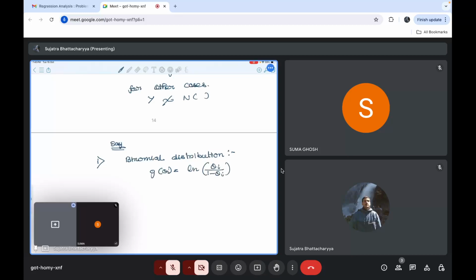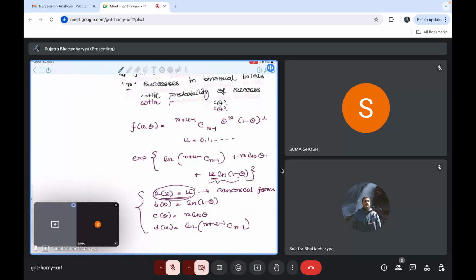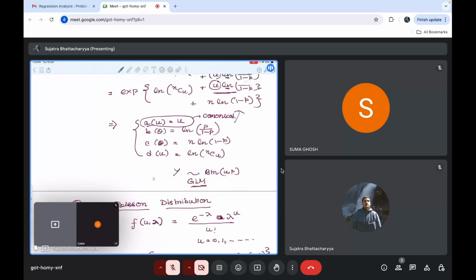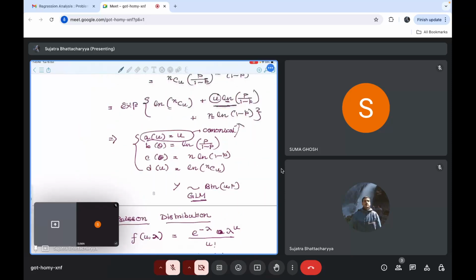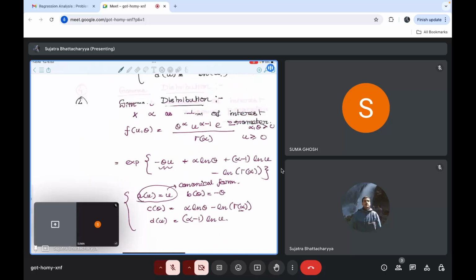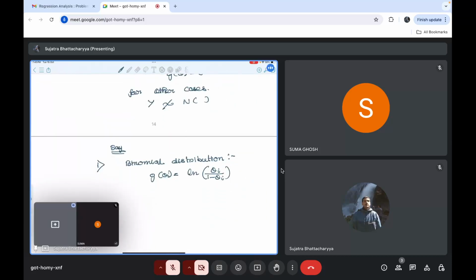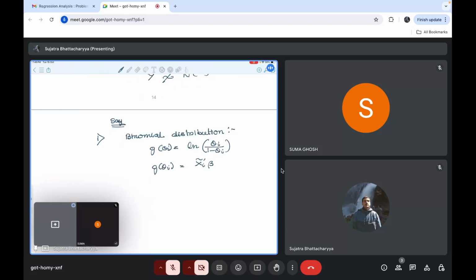If you go to the b of theta for the binomial distribution, this is log of p upon 1 minus p. So that is what we have seen here. This is the natural parameter for the binomial distribution. And we then write that log of theta i upon 1 minus theta i is nothing but xi prime beta, and then solve.